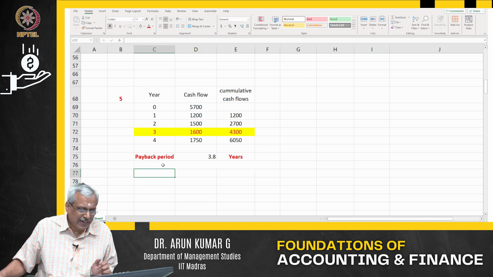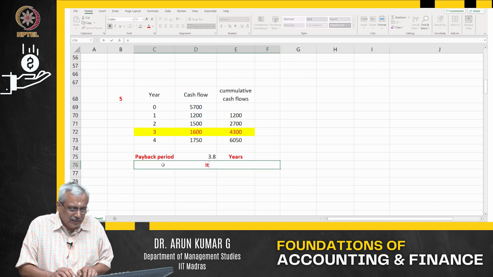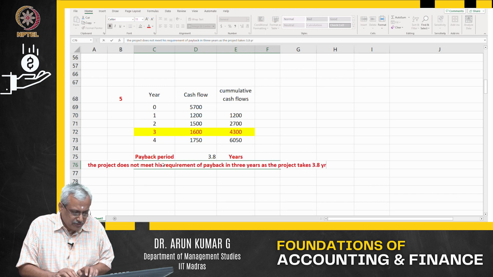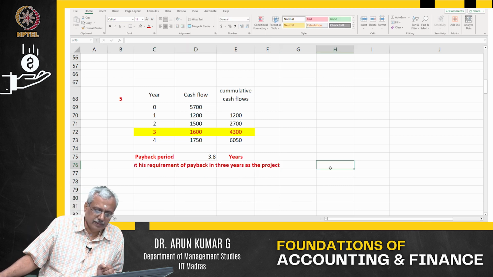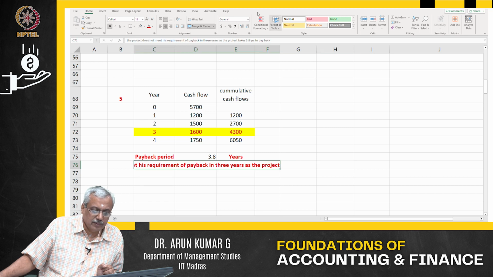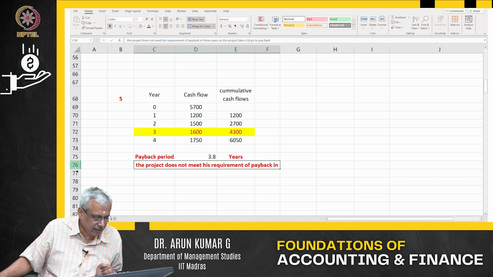So the project does not meet his requirement of payback in 3 years, as the project takes 3.8 years to pay back. I'm just going to wrap this text and then let us see this.